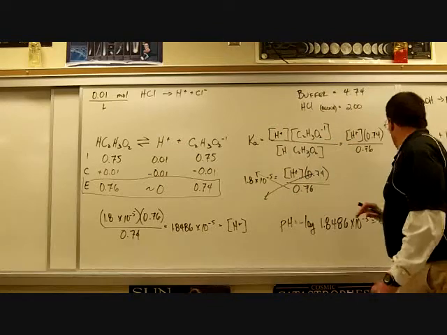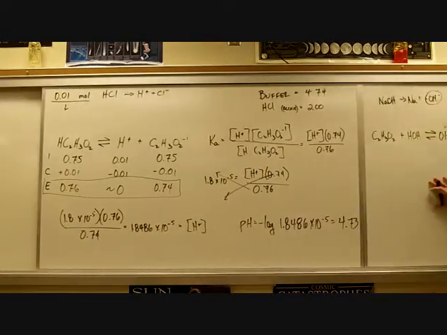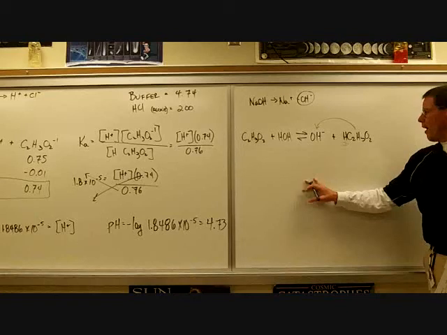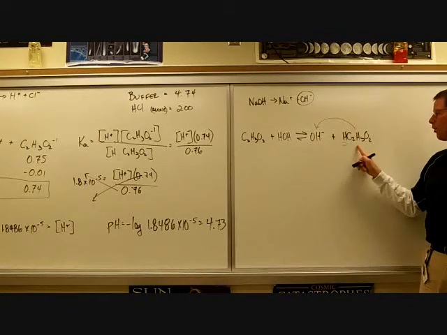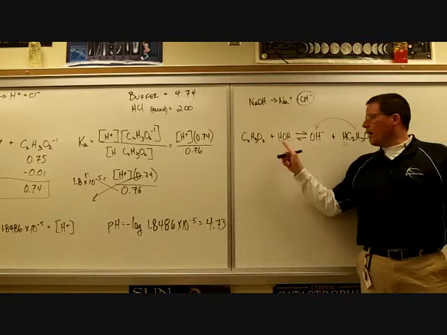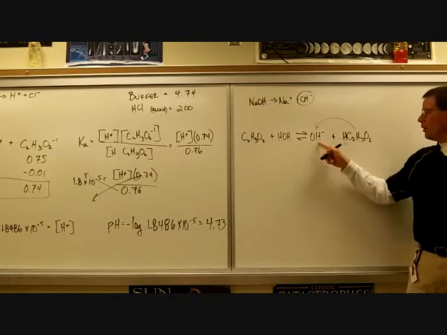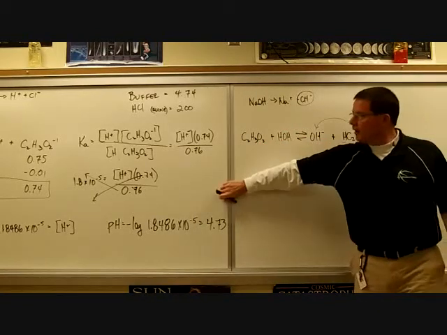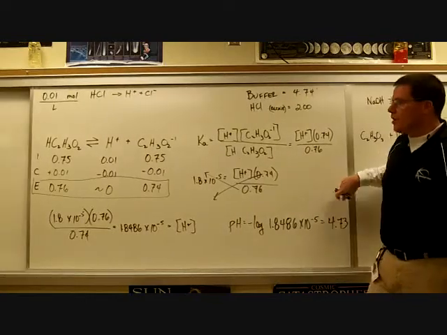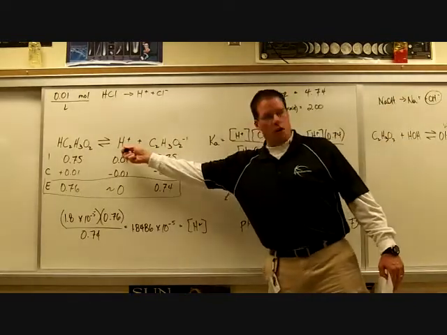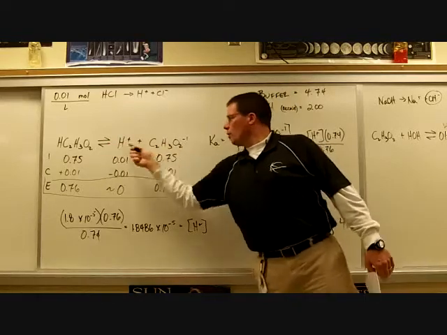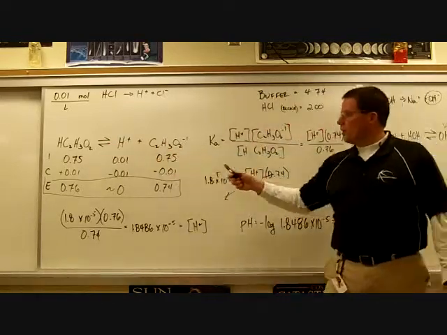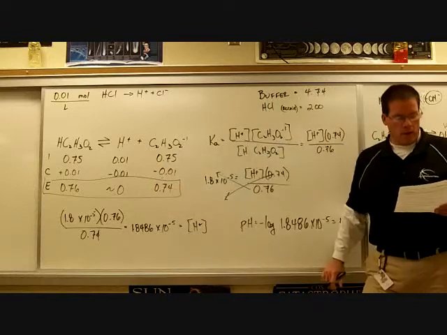And then in the reverse direction, that's what the third bullet's saying, is that when we add hydroxide or a strong base to this, it'll react with the weak acid to form the common ion and water. So what we're trying to do is eliminate the hydroxide or the hydrogen ions, because these are the things that cause the pH to change. It's not these. These don't do anything to pH. It's the hydrogen or hydroxide concentration.